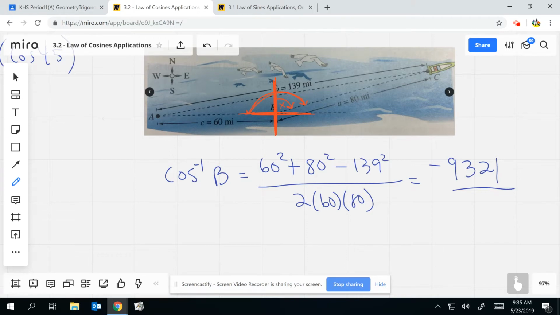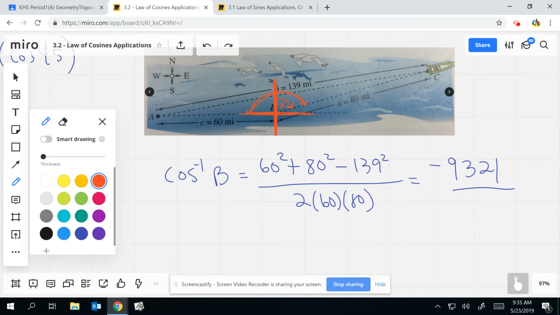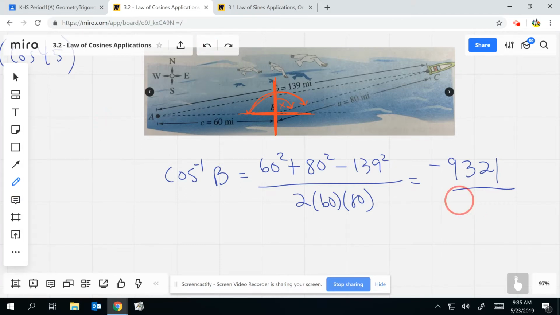Okay, let's do 2 times 60 times 80. You get 9,600. So that means the inverse cosine of B is going to be, divide those two, you're going to get negative 0.9709.